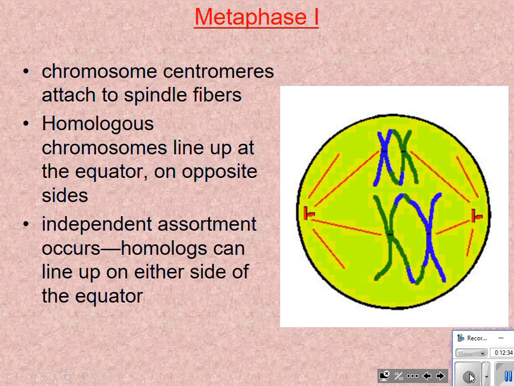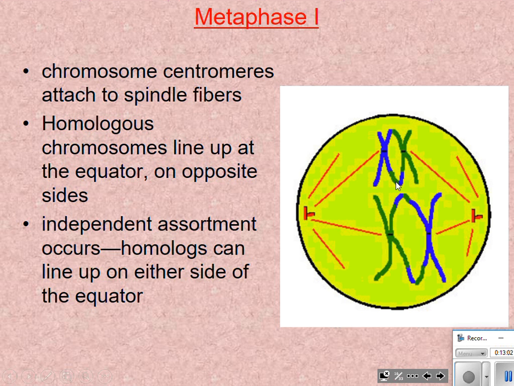Now let's discuss a little bit about what's going on here. You can see these little red things. These are the spindle fibers. Okay, the centrioles have gone to the poles. The spindle fibers will attach to the centromeres. Now look right here. Look at this blue X. Remember me telling you that that blue X might have a little green tip on it?